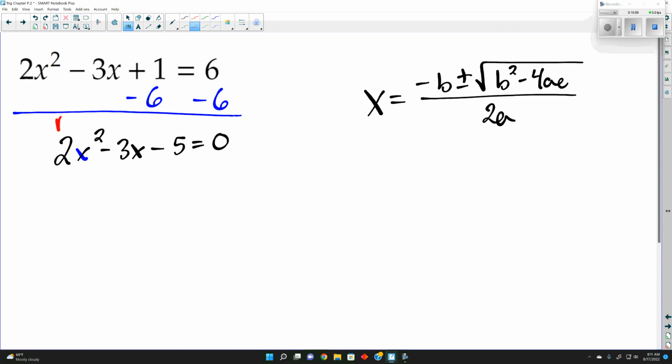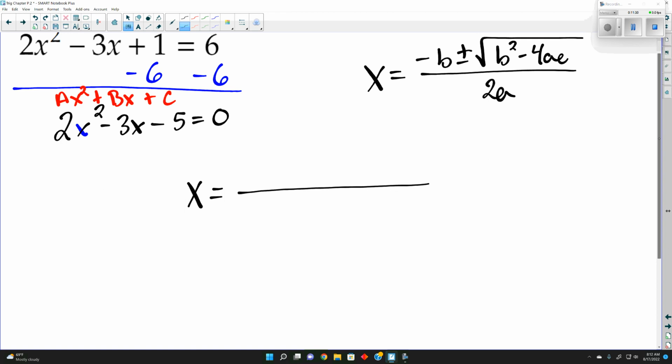And just as a reminder, the general form of any quadratic is ax squared plus bx plus c. So we're plugging in the corresponding values for a, b, and c. In this case, a is going to be 2, b is going to be negative 3, and c is negative 5. And we can plug those in respectively.